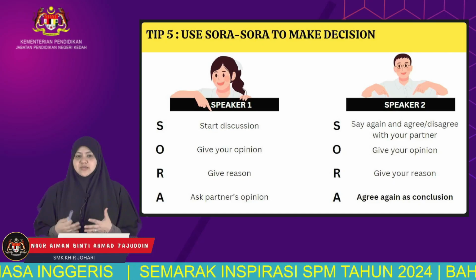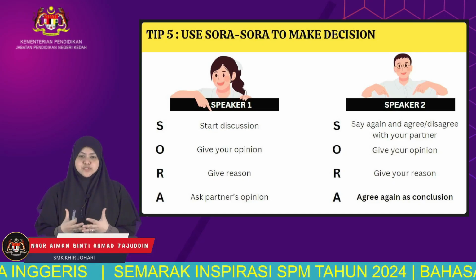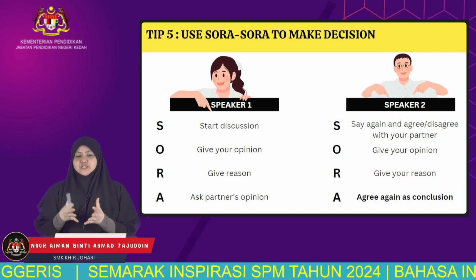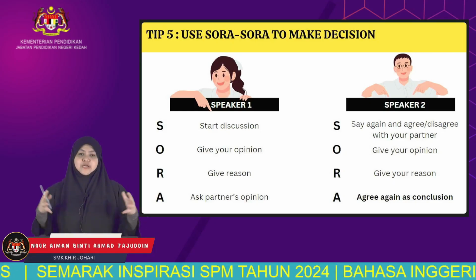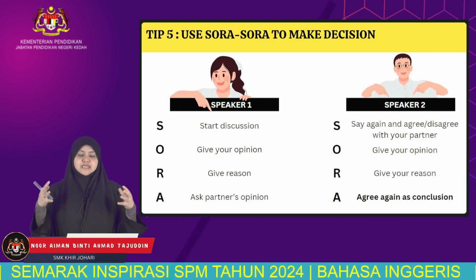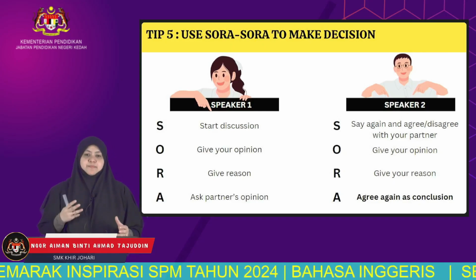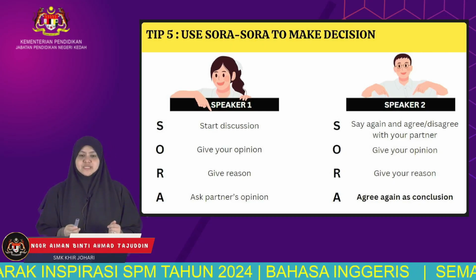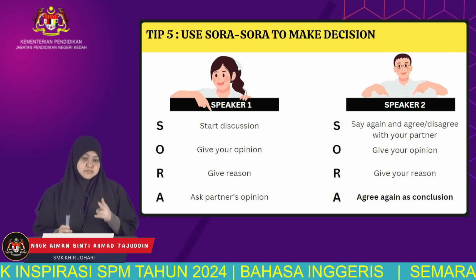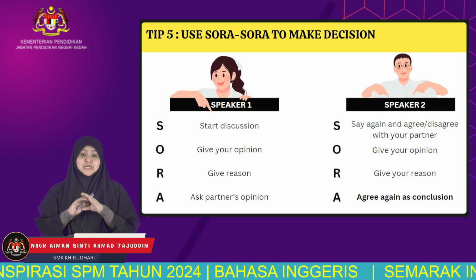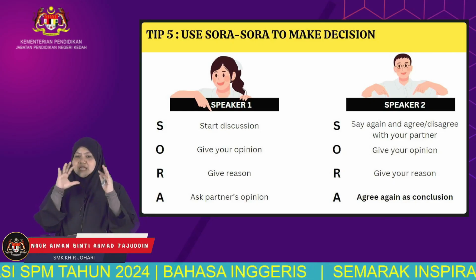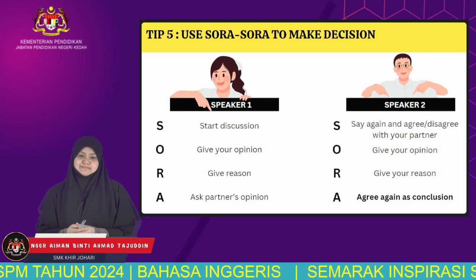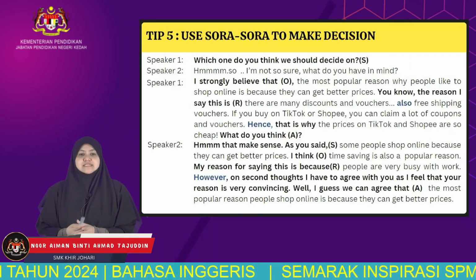But here's the thing, we want to see the language that you produce in order for you to negotiate towards an outcome. Okay, so if you feel like you're able to conclude everything within that 1 minute, it is important for you to make sure that you do step A. Speaker 2, it's your job. You must make sure that you agree again as a conclusion. Why? We want to have a really good end to our discussion.